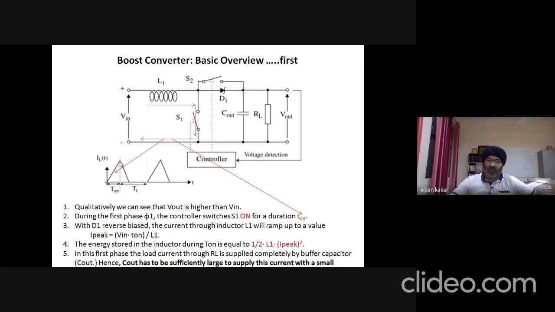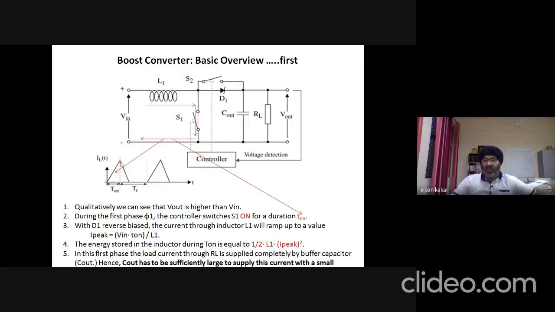As we saw in the previous section on buck converter, we can easily find out this maximum value of current, which is V in, the input supply voltage, multiplied by T on, divided by the inductance value L, due to this flow of current. So that will be the maximum value of current, I peak.